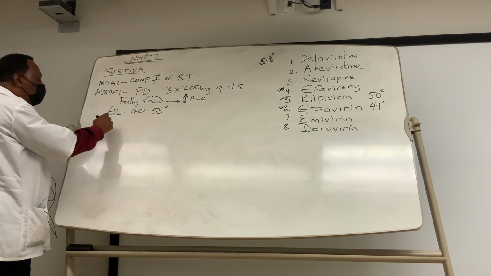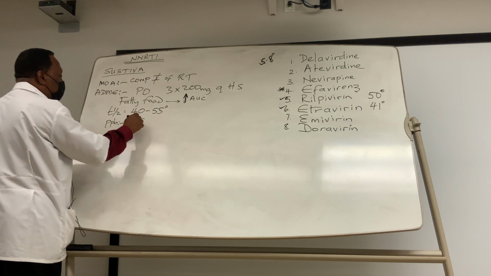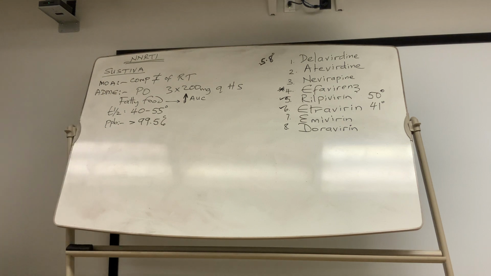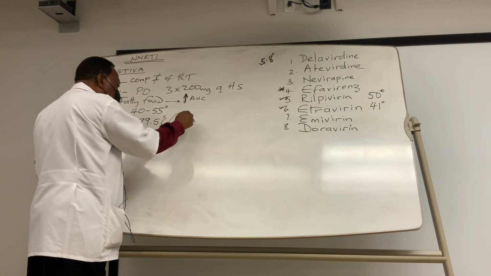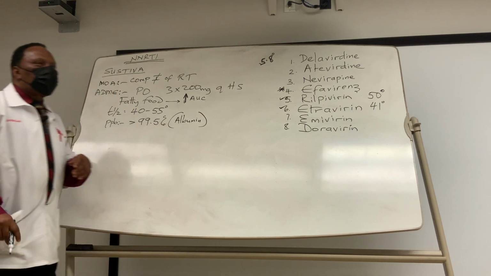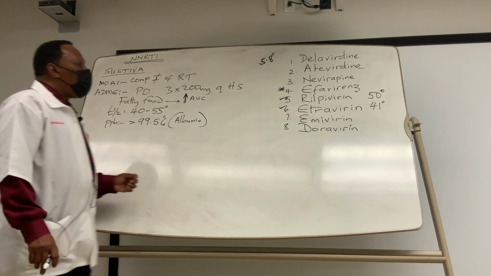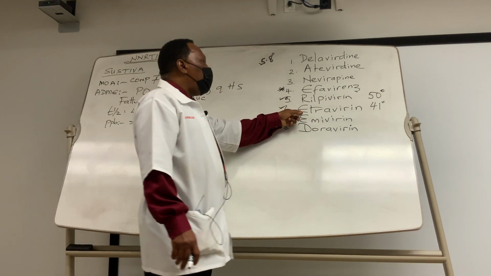In terms of its plasma protein binding, it is greater than 99.5% plasma protein bound. And the plasma protein there is albumin. That's what it binds to. That is a little different, for instance, for your etravirine.